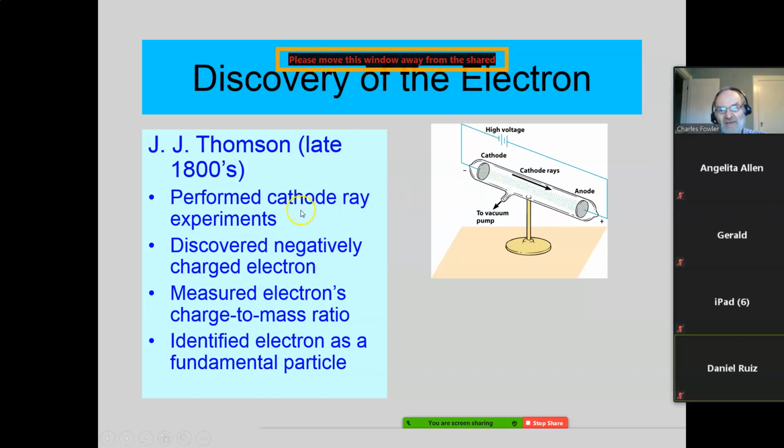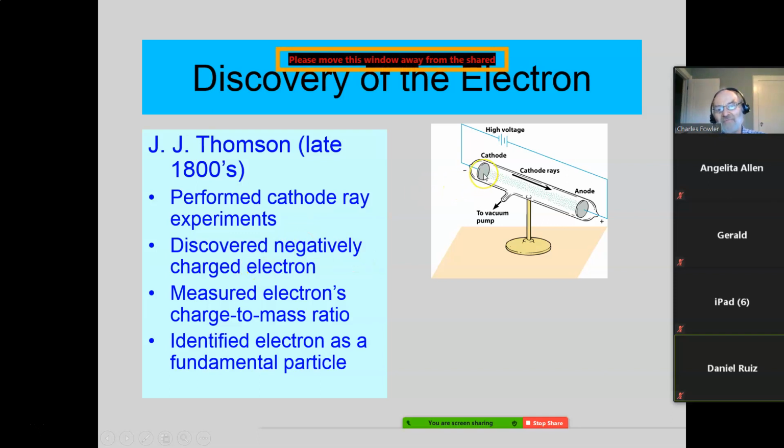Now, he was doing these cathode ray experiments and he discovered these individual particles that these were made up of. These cathode rays were actually individual particles, and they were negatively charged electrons.